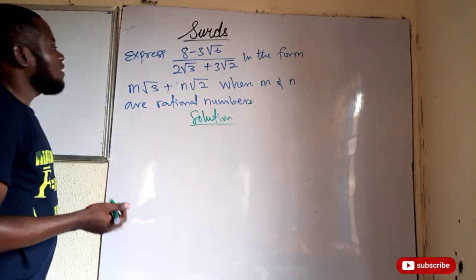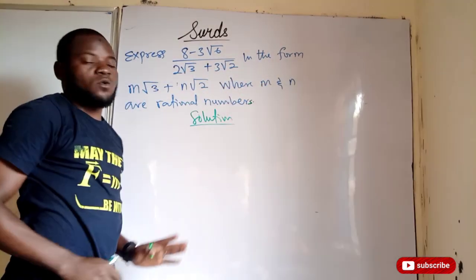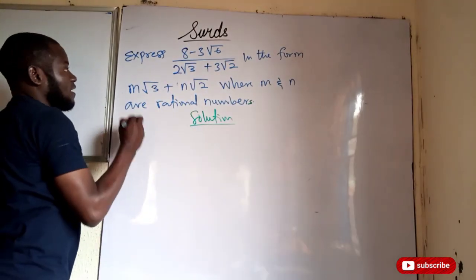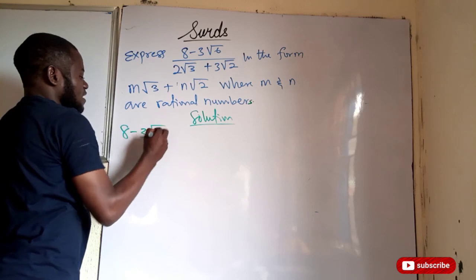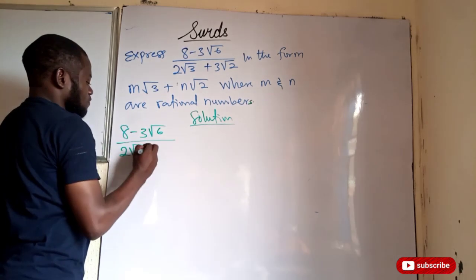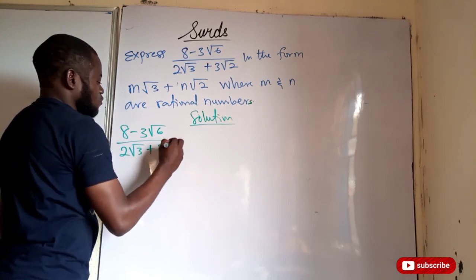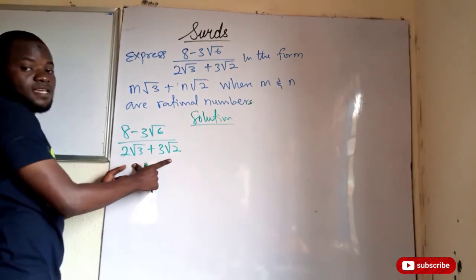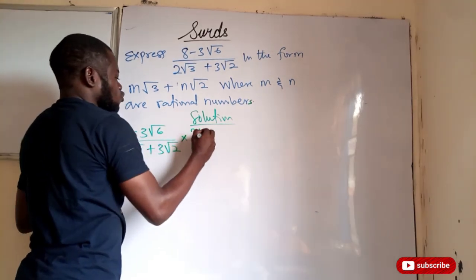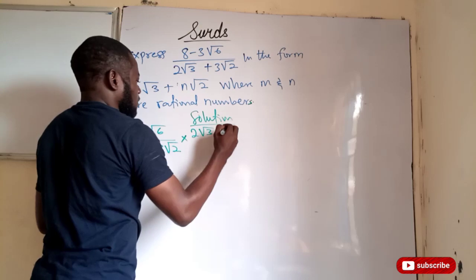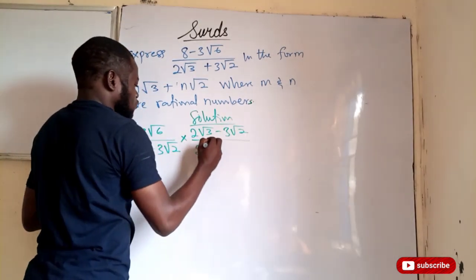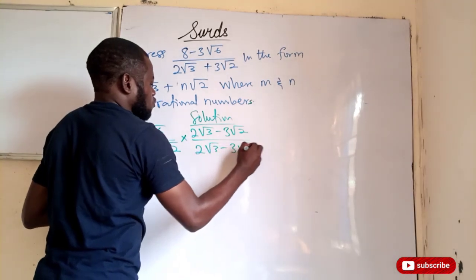Let's forget about the other part of the question and focus on how to simplify this: 8 minus 3 root 6 divided by 2 root 3 plus 3 root 2. So let's find the conjugate of the denominator. That will be 2 root 3 minus 3 root 2 divided by 2 root 3 minus 3 root 2.